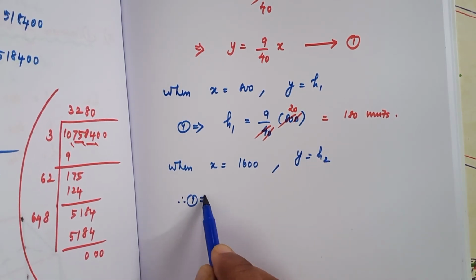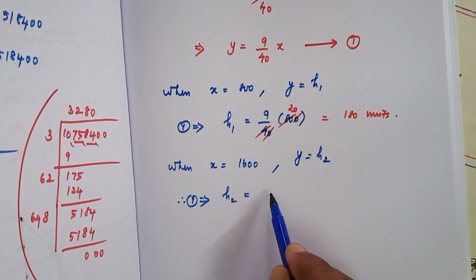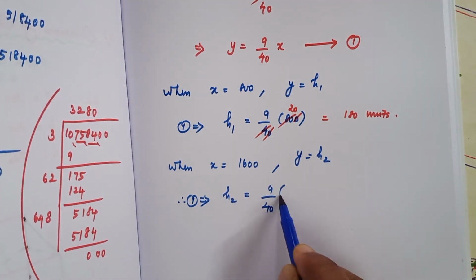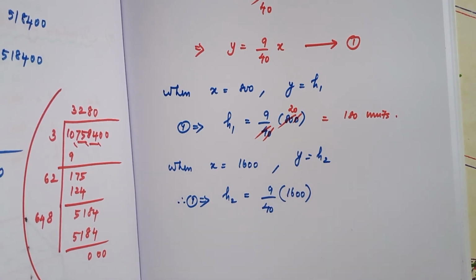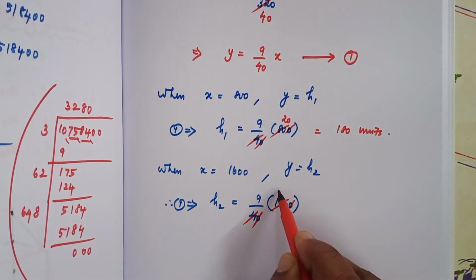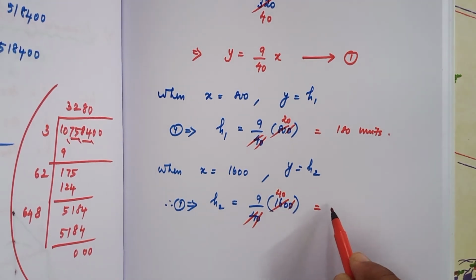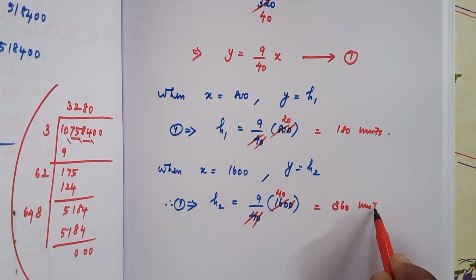Therefore, equation 1 implies y can be replaced by h2, 9 by 40 into x, x is equal to 1600. Cancel the zeros, 4 forties, that is 9 into 40, that is equal to 360 units.